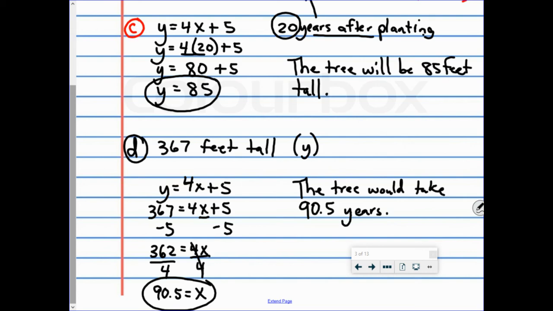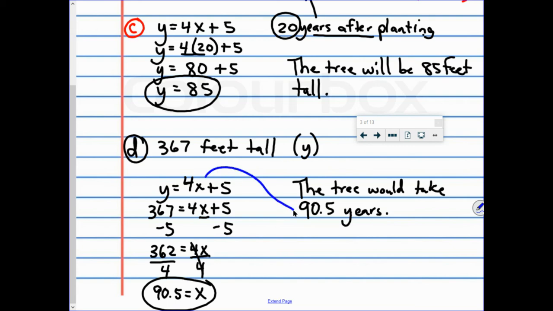Now, you know what though? We're not quite done because the second part of the problem, I almost forgot it. The second part is make sure you check your answer. So what that means is I plug it back into my equation, this time for x, and let's see. Y equals 4 times 90.5 plus 5.